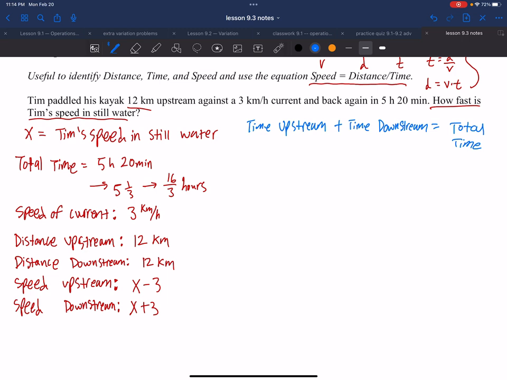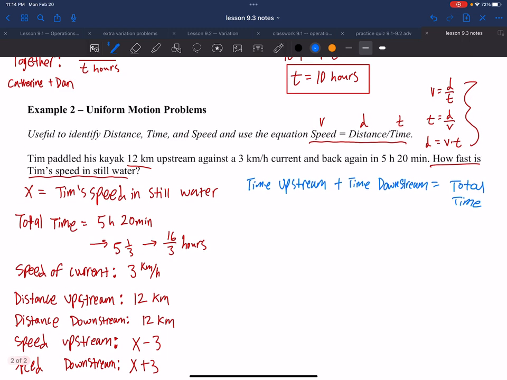And if you look at the equations we wrote over here, time can be expressed as distance over velocity. You see, time equals distance over speed.